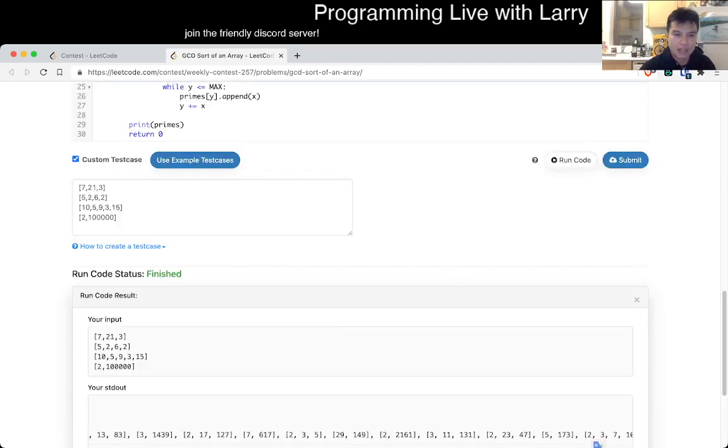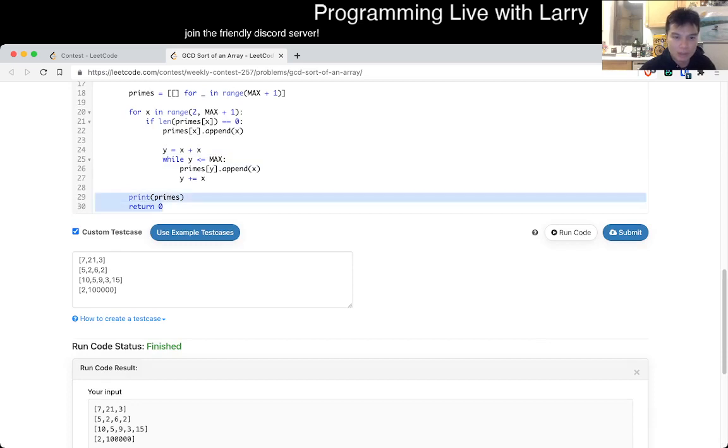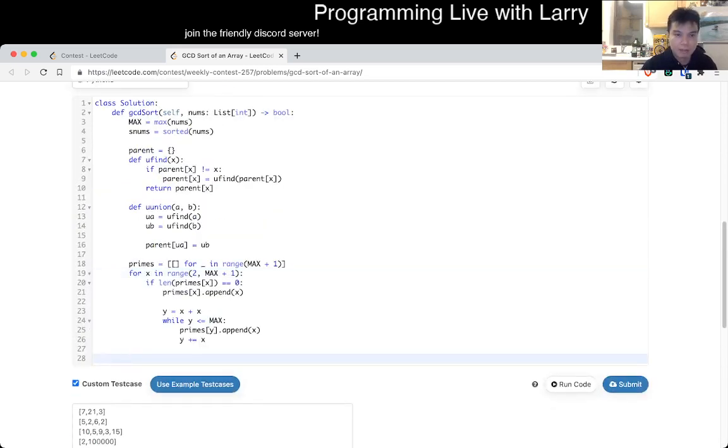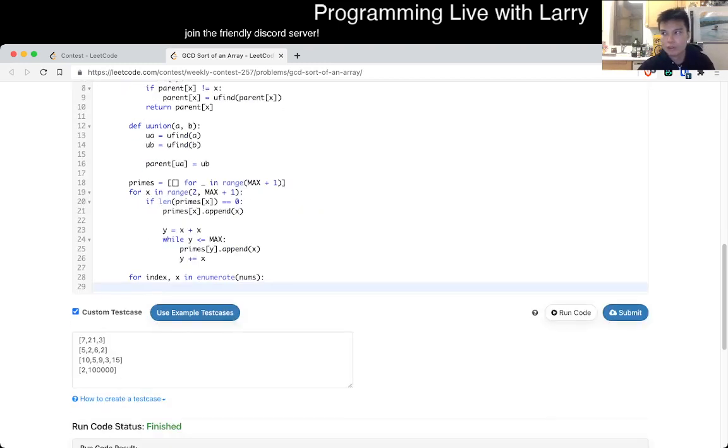So okay, now we have the lookup table for the sieve. Then now we just have to go for the x. Okay, for x in nums. So what does this mean when we see a number? Let's also get the index. When we see a number, it means that we want to group all the things together.